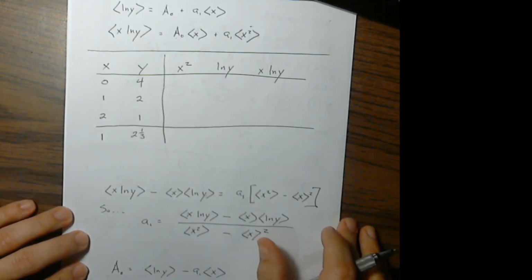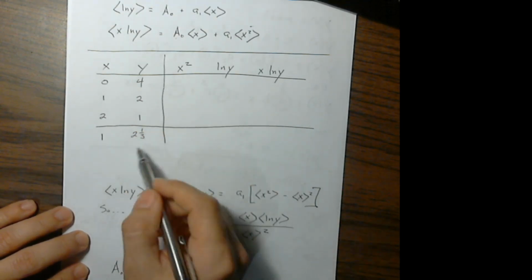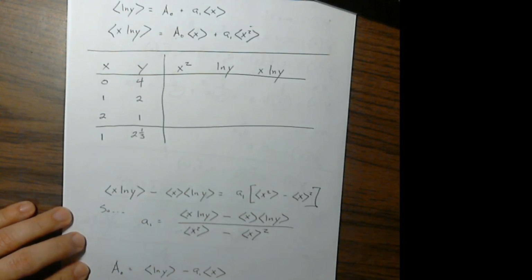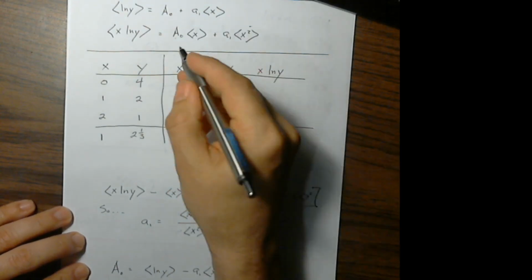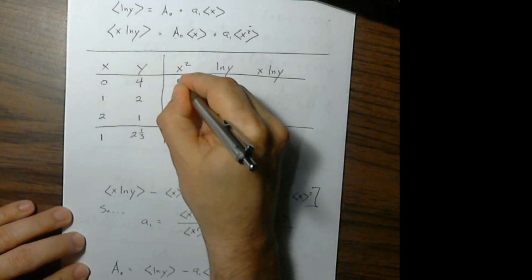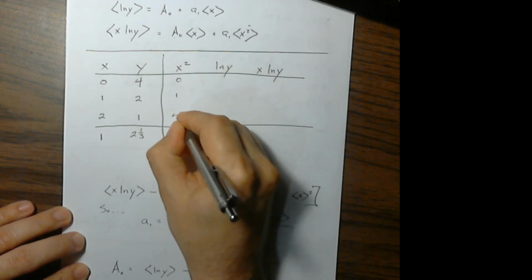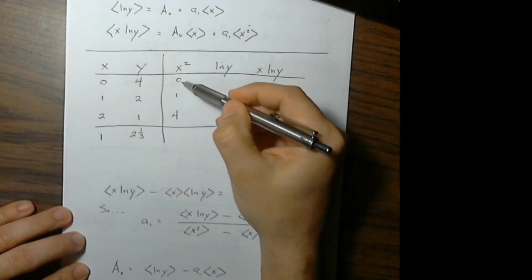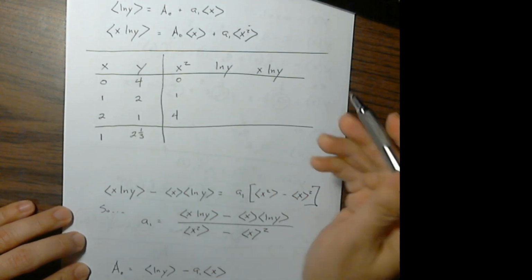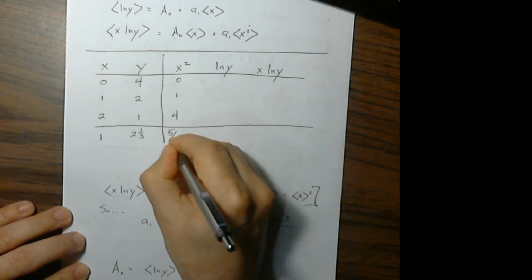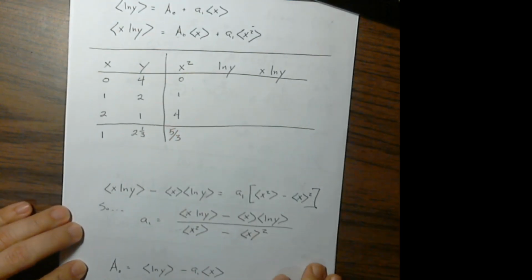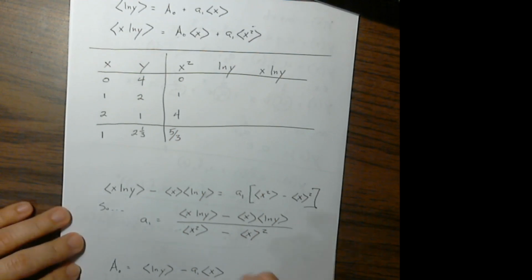I'm going to use fractions for a minute. We don't actually need this value anyway. Expected value y doesn't appear anywhere here. Okay, x squared: 0, 1, 4. So here we've got 5 thirds. Let's leave it as an improper fraction. As it turns out, that's going to be easier. But that would be the same thing as 1 and 2 thirds.